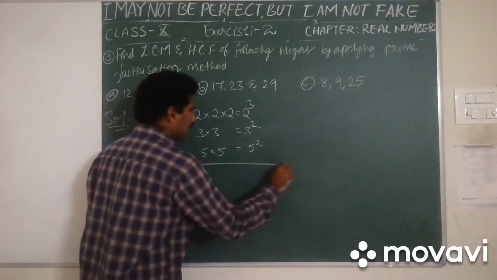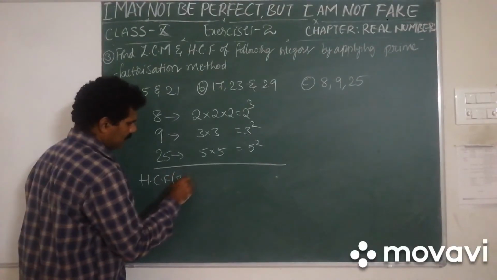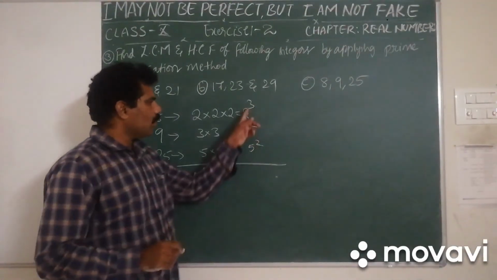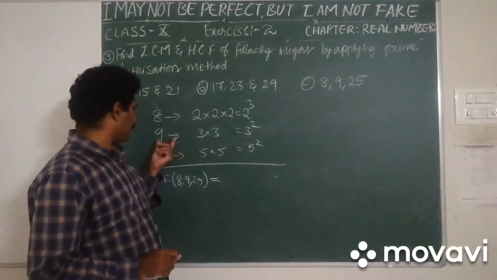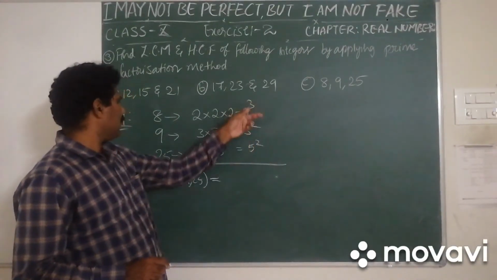See, to find HCF of 8, 9 and 25, we don't have common factors here. We don't have 2 for 9 and 25, we don't have 3 for 8 and 25, we don't have 5 in 8 and 9.